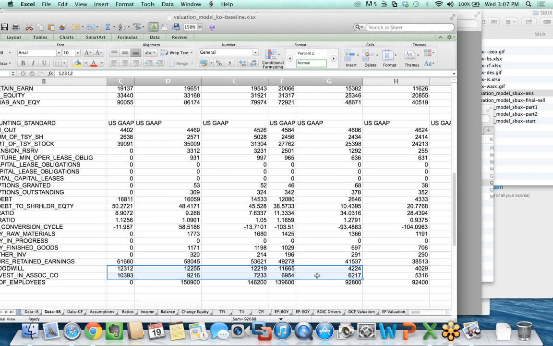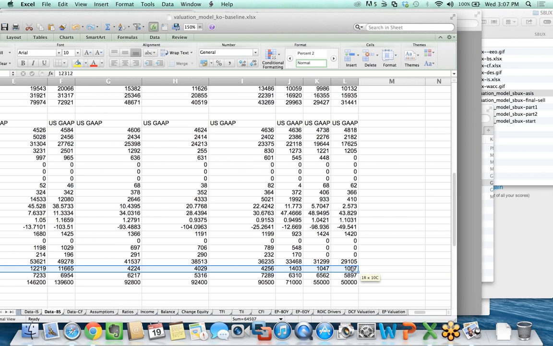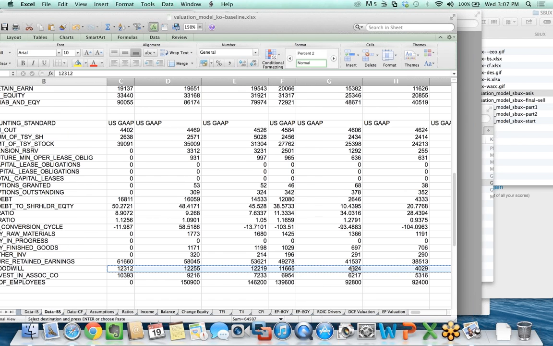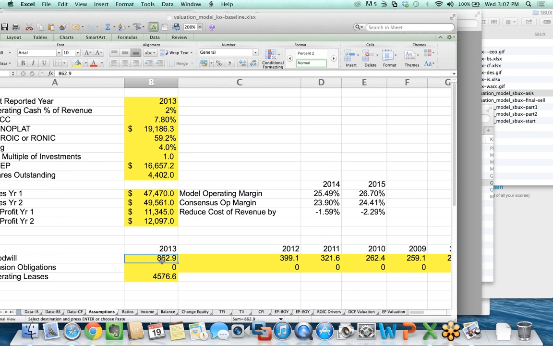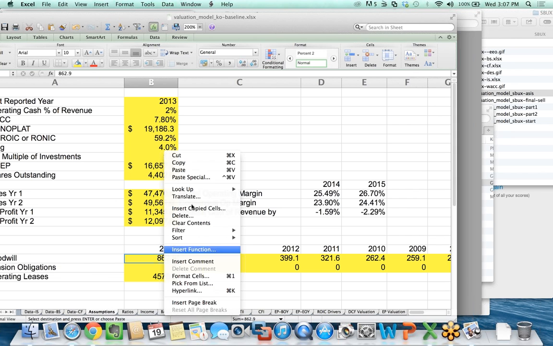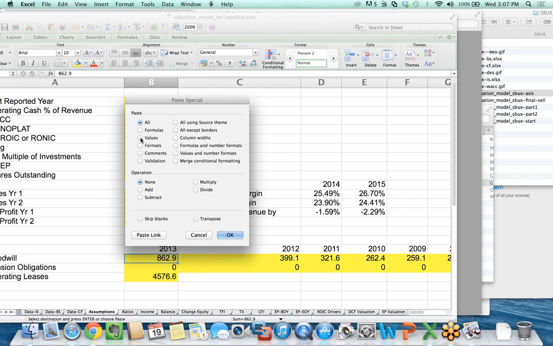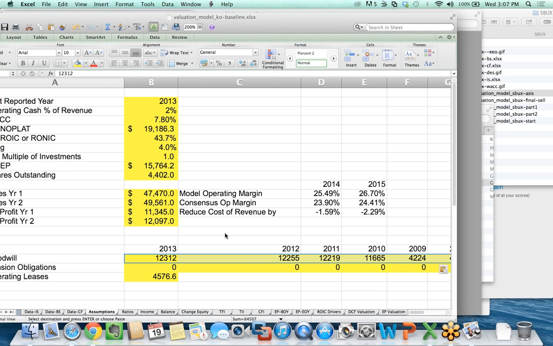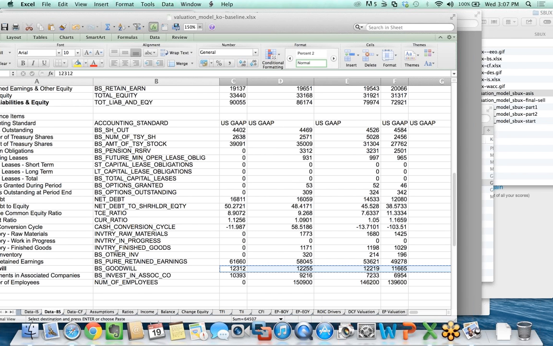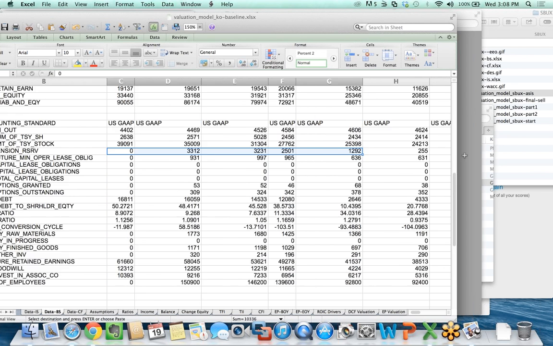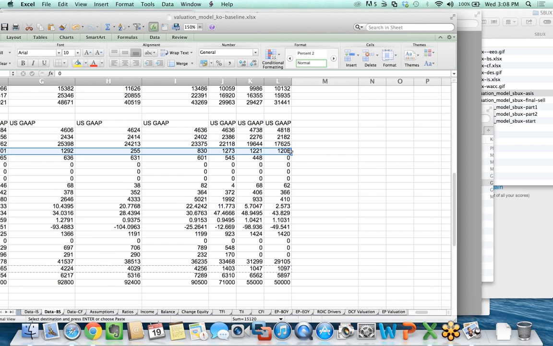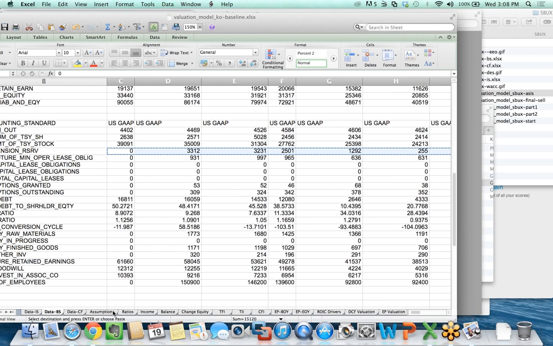Try this again. Copy. And come over here to assumptions and paste special values. And same thing for pension obligations. Copy.